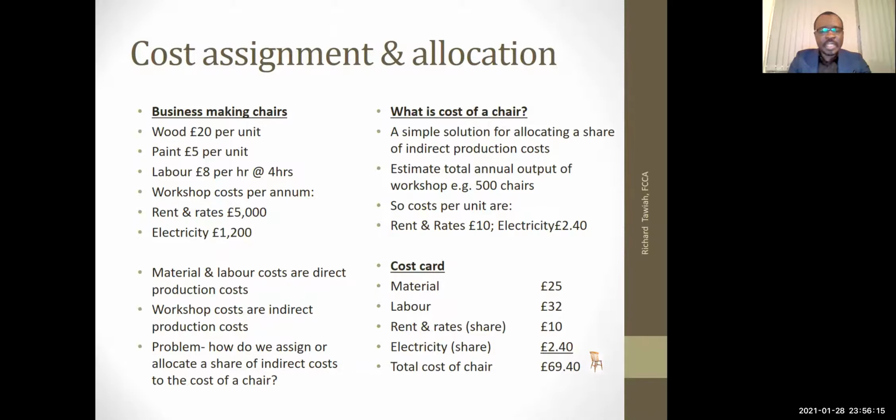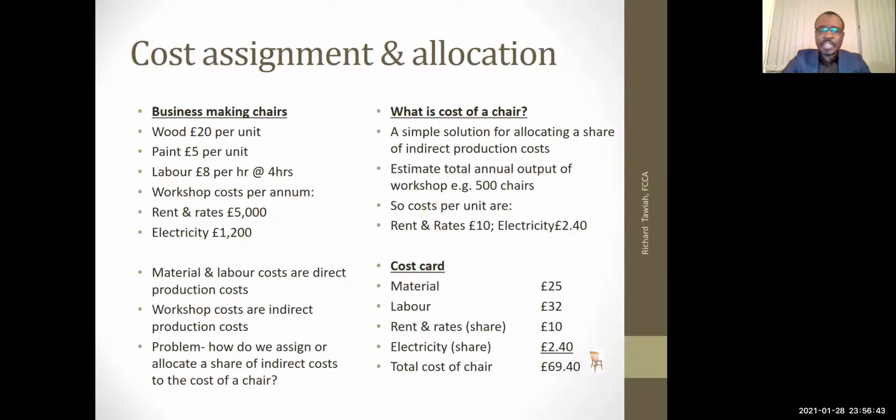If annually rent and rates is 5,000, we divide the 5,000 pounds by the 500 chairs to get 10 pounds per chair, which we will allocate to rents and rates. The same applies to electricity. If electricity at the end of the year is 1,200 and we produce 500 chairs, then we divide the 1,200 by the 500 to get 2.4 pounds per chair.